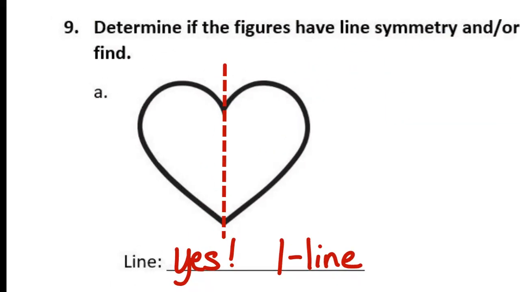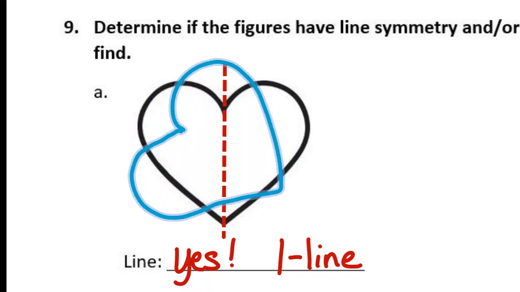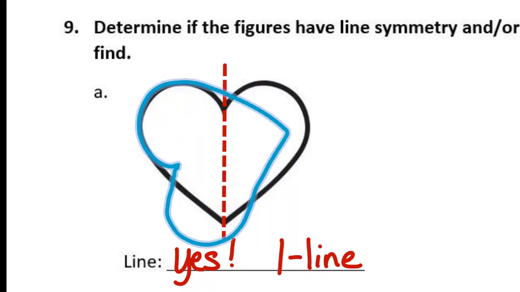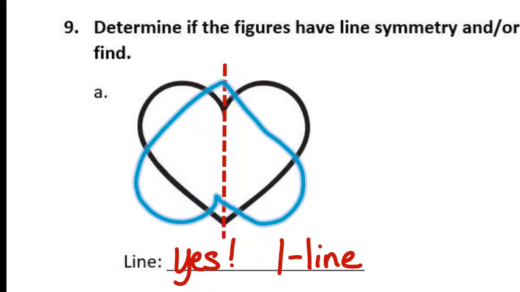For rotational symmetry, you can use tracing paper. You can use tracing paper on any parts of the test tomorrow, anything that you want to. But for rotational symmetry, I would put a piece of tracing paper on top of my heart. I would copy the heart onto my tracing paper, and then I'm going to start rotating it around and looking to see if it matches up with itself anywhere before I get back around to where I started.